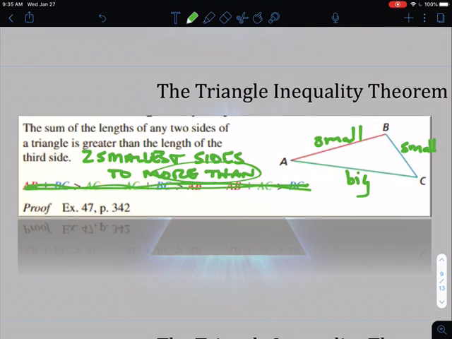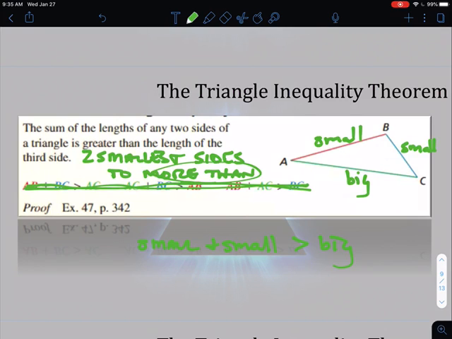So basically what I have to identify is which of the 3 sides is the longest. That's my big side. Both of the others are small. And so what we're saying here is the small side plus the other small side has to be greater than the big side. So every time we look through a triangle and they're trying to figure out, can we make a triangle from these measurements?